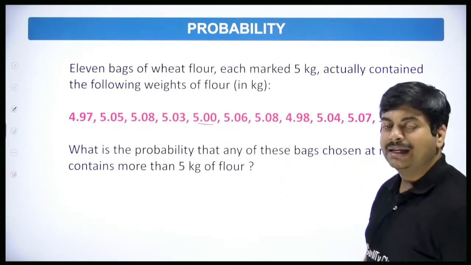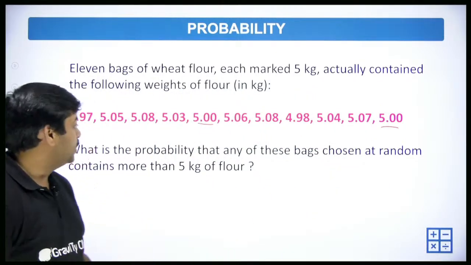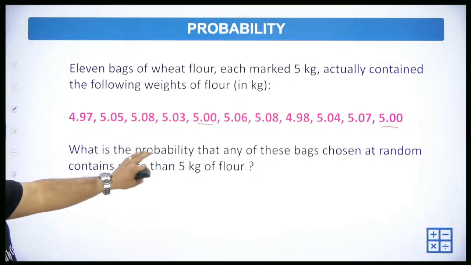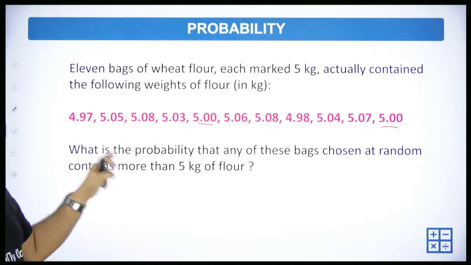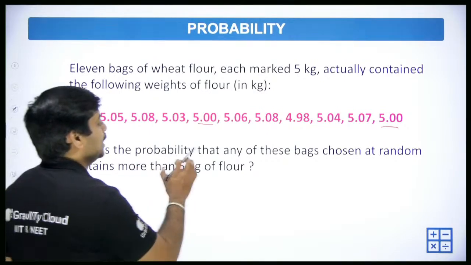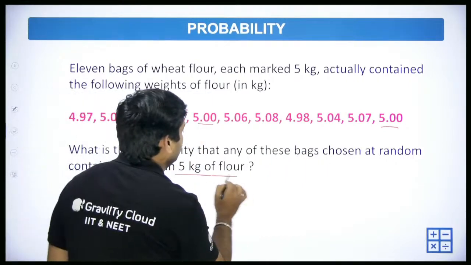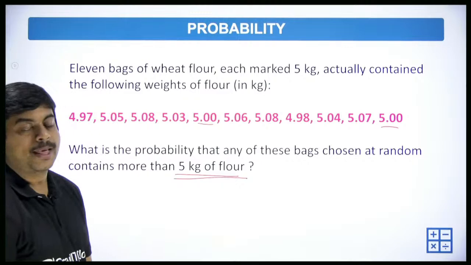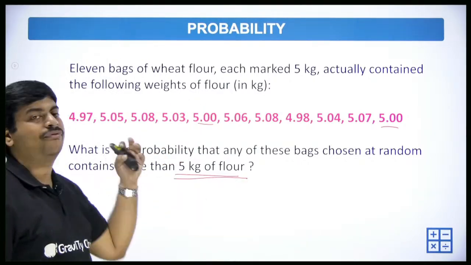The question is, what is the probability that a bag chosen at random contains more than 5 kg of flour? The total count is 11, and there is no change in that. But how many are greater than 5?